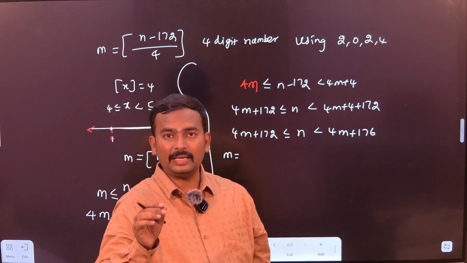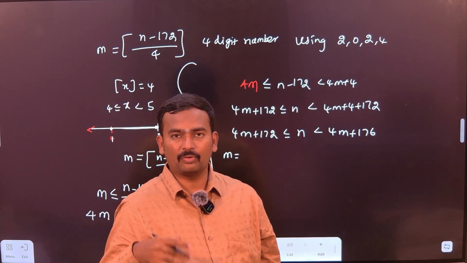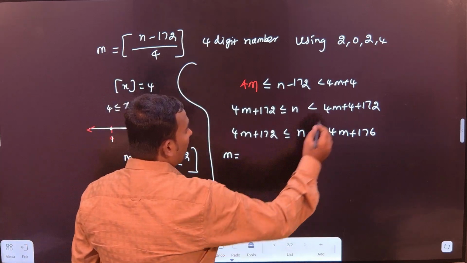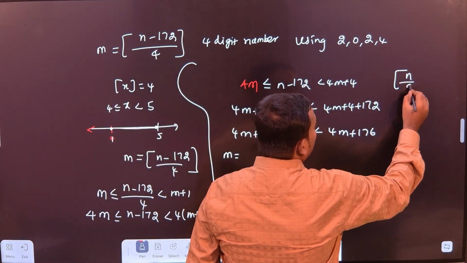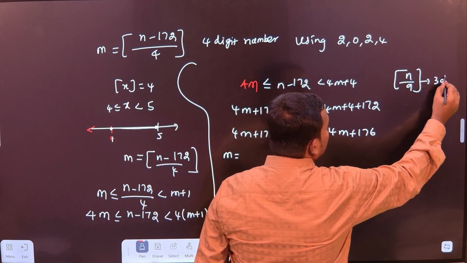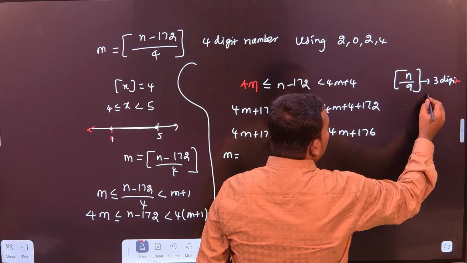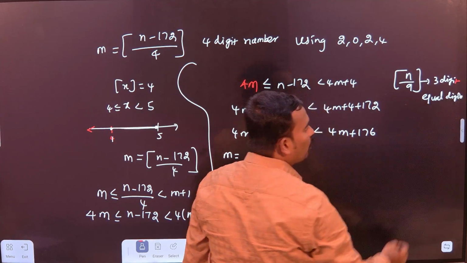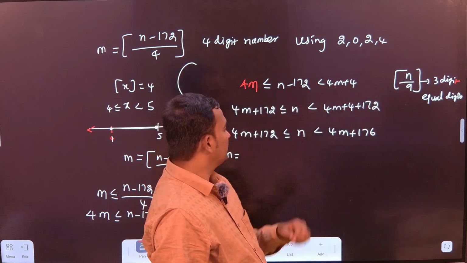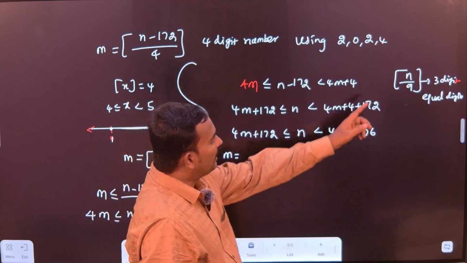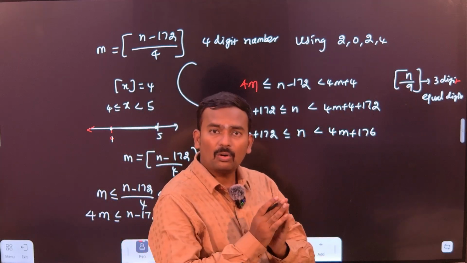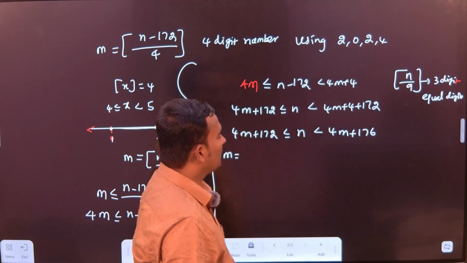If I take any m among these 4-digit numbers, you have to substitute in n by 9 here. This should give a 3-digit number with equal digits. Whatever n may be, you divide it by 9, and all the digits of the 3-digit result should be the same, right?